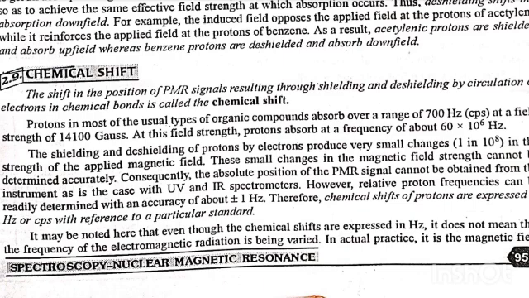These small changes in the magnetic field strength cannot be determined accurately. Consequently, the absolute position of the PMR signals cannot be obtained from the instrument as is the case with UV and IR spectrometers. However, relative proton frequencies can be readily determined with an accuracy of about 1 Hz.